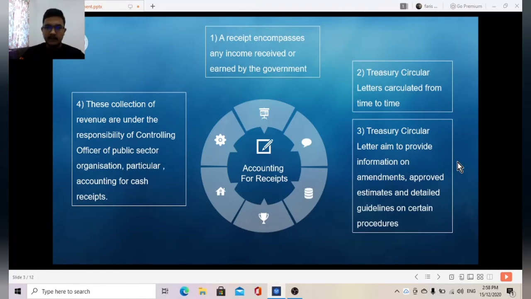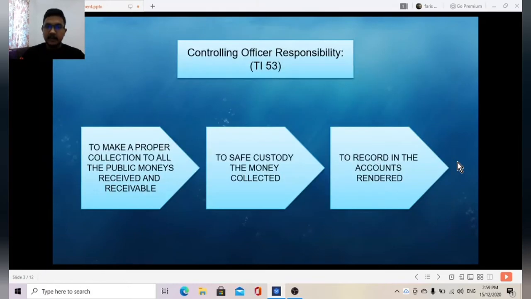The third, the treasury circular aims to provide information and amendment, approval estimates, and detailed guidelines on certain procedures. Fourth, the collection of revenue is under the responsibility of the controlling officer of the public sector organization, particularly accounting for cash receipt. This is the responsibility of a controlling officer.